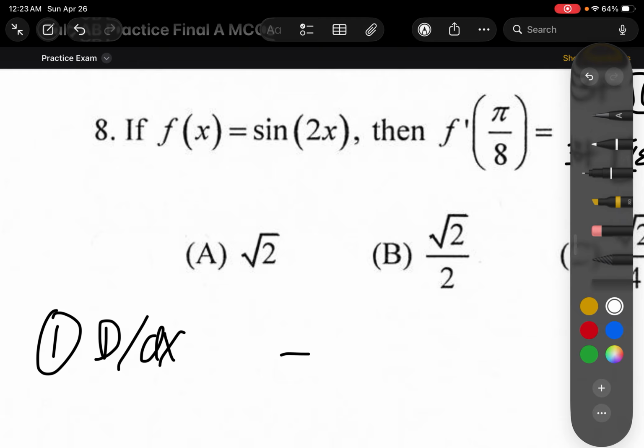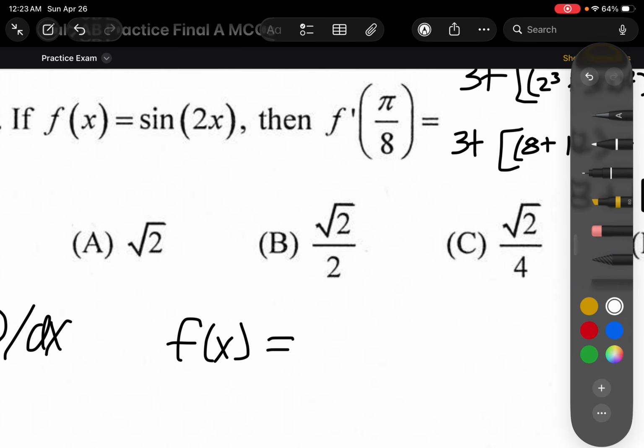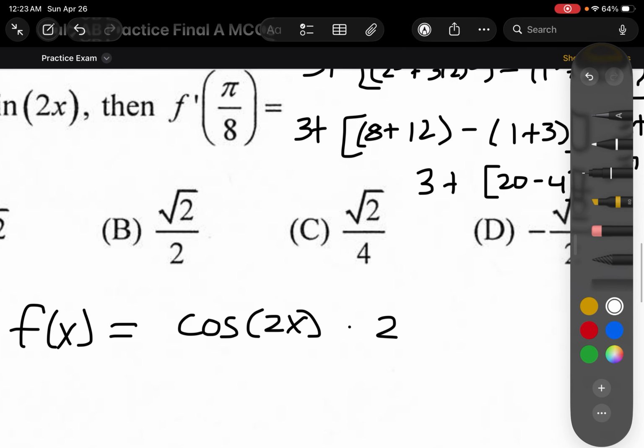So it's going to be f of x equals sine of 2x. This is going to be chain rule, so it's going to be cosine of 2x times the derivative of the inside, which is 2.